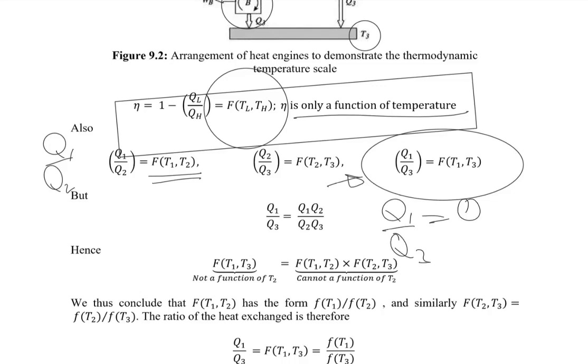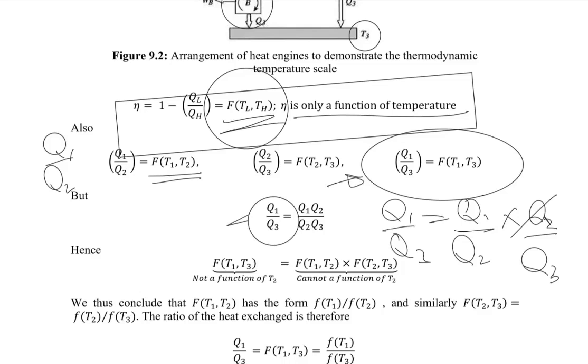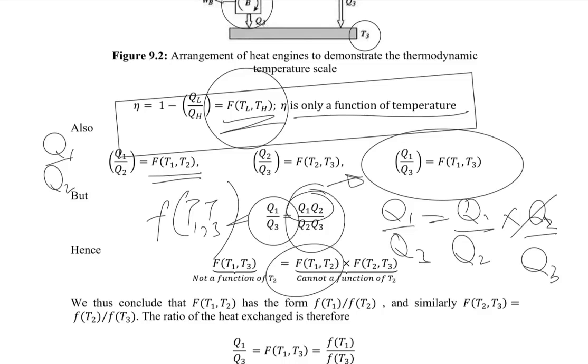If I write it as Q1 divided by Q2 multiplied by Q2 divided by Q3, what I have done is multiply and divide by Q2. If I consider this side of the equation, it would be a function of temperature T1 and T3. While looking at the other side, it will be a function of T1 and T2 multiplied by the function of T2 and T3.